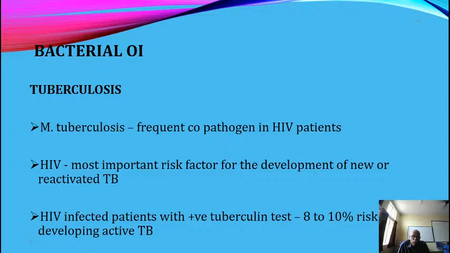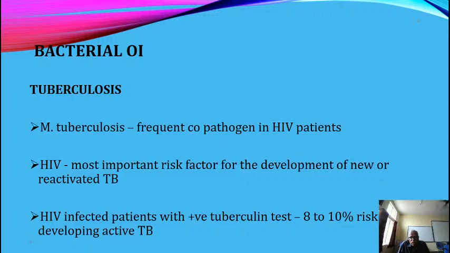So extrapulmonary tuberculosis is very common in HIV patients, but when lungs are involved, atypical presentation will be there and very difficult to treat for the simple reason. So we like to combine with ART also. Nowadays the dictum is you start ART as early as possible so that the further development of opportunistic infections can be stopped.